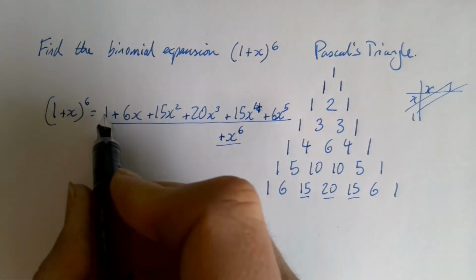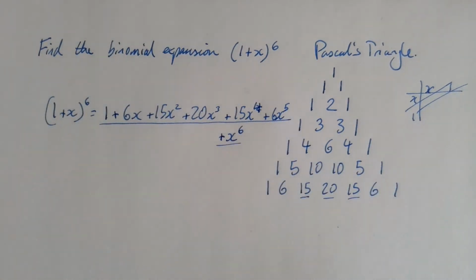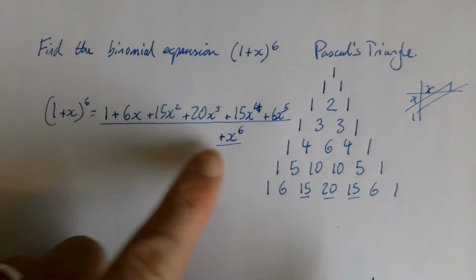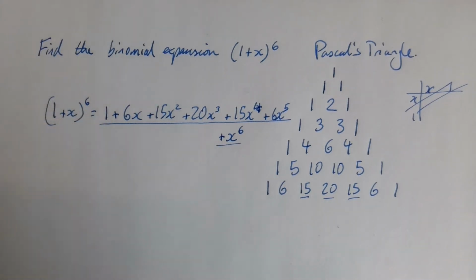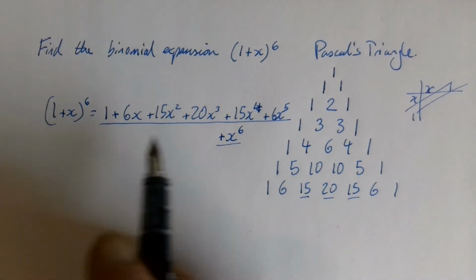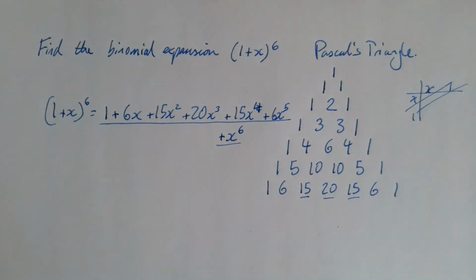And that 1 there is really 1 to the power 6, but that gives you 1 in the end anyway. So you get the power of 6 of this one and this one on its own at each end, and then the coefficients you can get from Pascal's triangle like that.